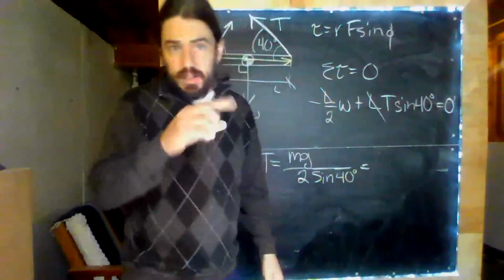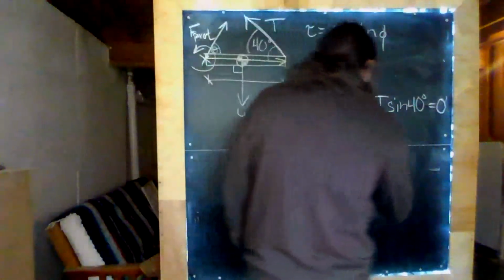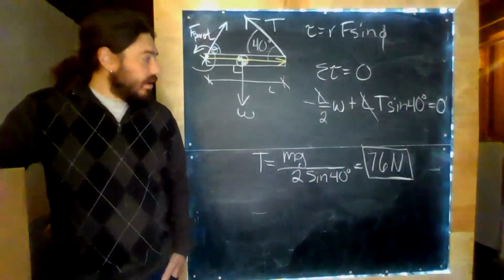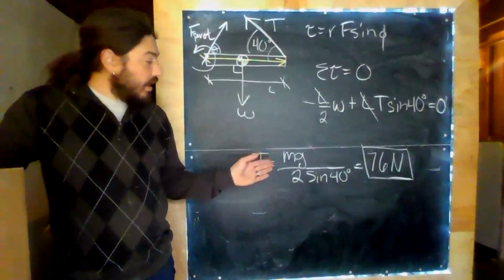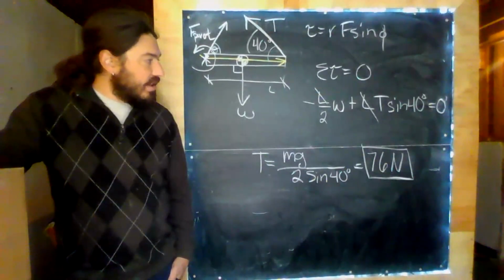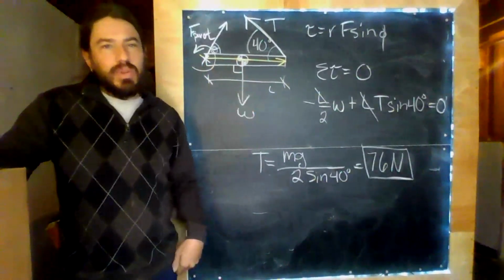And when I run my calculator, I got 76 newtons. It's a good number, makes sense. The weight would be what, 98 newtons? So this is a little less than the weight. It makes sense. Some of it's being carried over here. Okay, it seems reasonable.